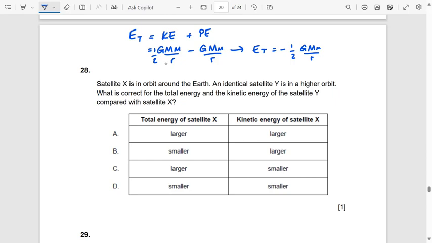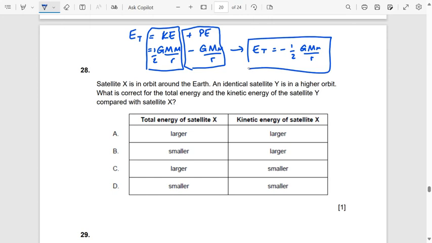Okay. So this is the kinetic energy. This is the potential energy. And we need to find out about the total energy of X and the kinetic energy of X. So here's the total energy, and we've got an expression for the kinetic energy. Okay, so we're looking at X. X is in orbit around the Earth.